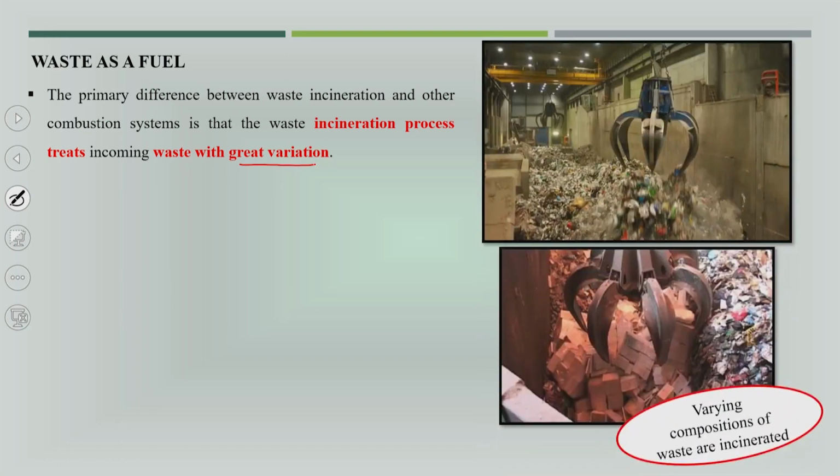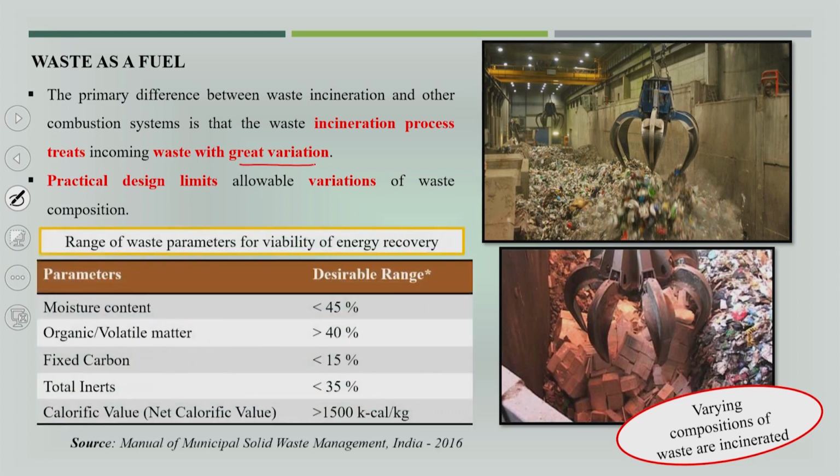So you can see different variations of waste coming into incineration. Practical design limits the allowable variation of the waste composition. Various kinds of waste and different waste compositions could be used in the incineration process. This is based on the MSW manual of 2016, which was modified.